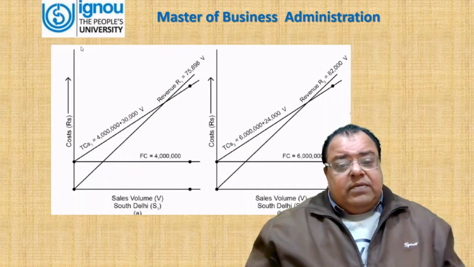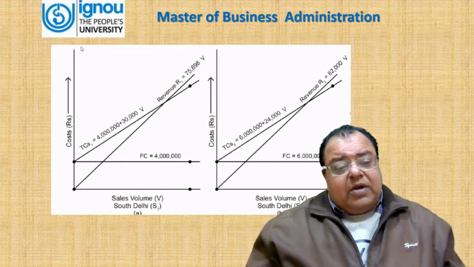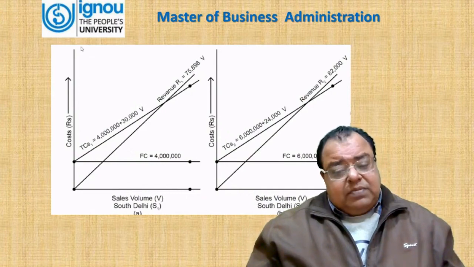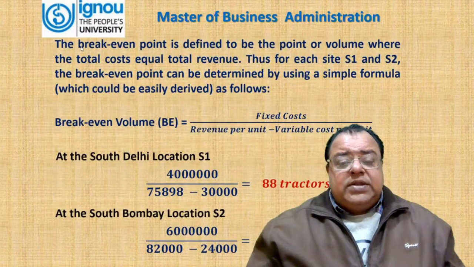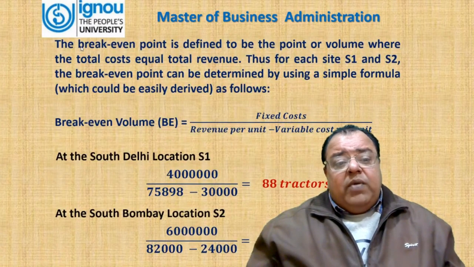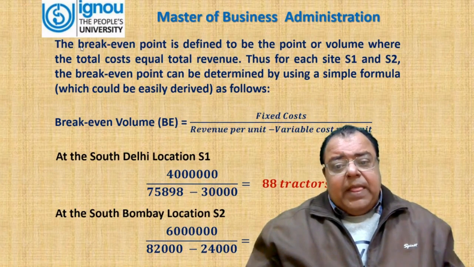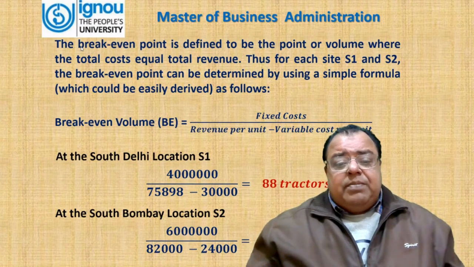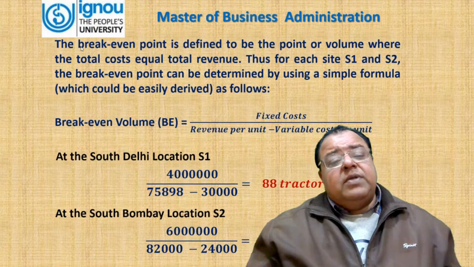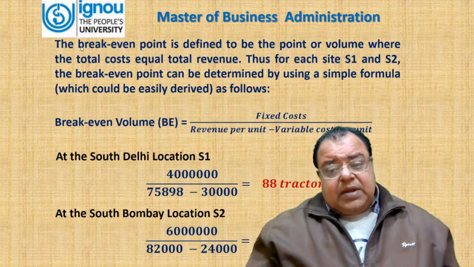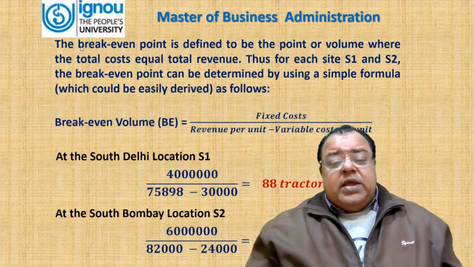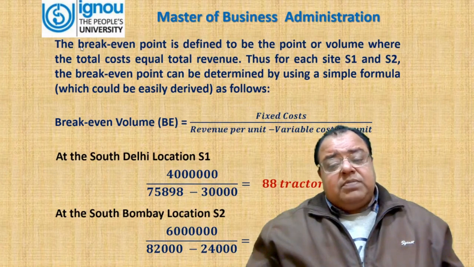A graphical representation was formed for cost versus sales volume for South Delhi as well as for South Mumbai. The break-even point is defined to be the point or volume where total cost equals total revenue. Thus, for each site S1 and S2, the break-even point can be determined by using the simple formula: break-even volume (BE) is equal to fixed cost divided by revenue per unit minus variable cost per unit.